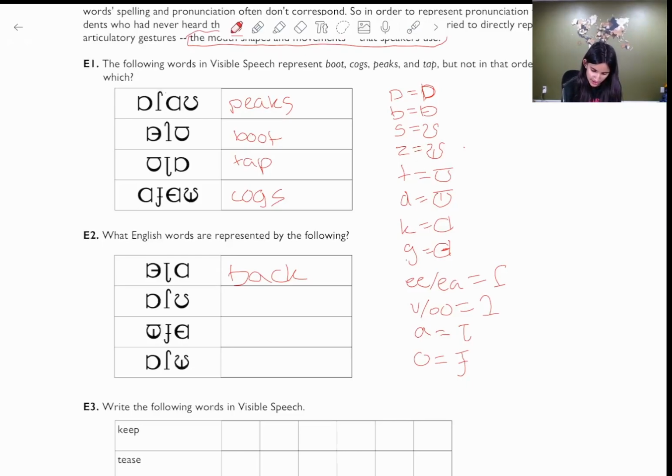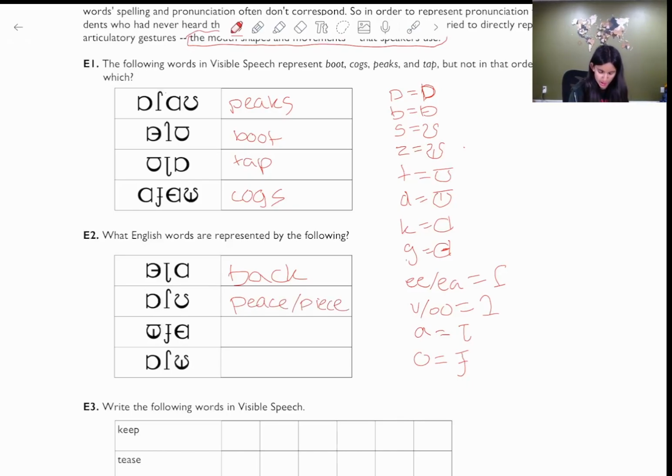And here we have P, sound P. And next we have the sound EE or EA. We'll keep that in mind. And our last sound is the sound S. So we have peace, not peas, but peace. So that could be either peace like this or peace like this.